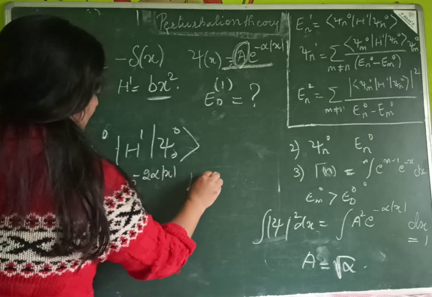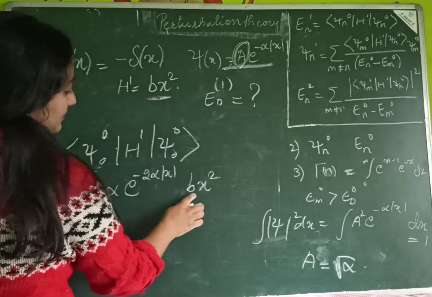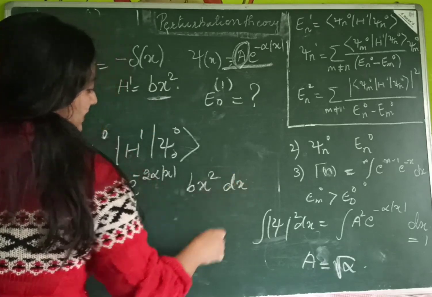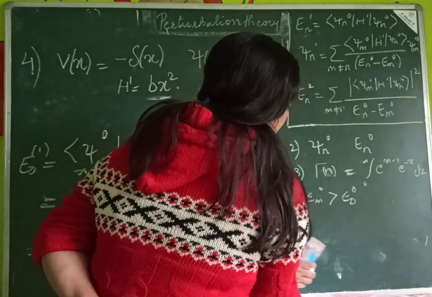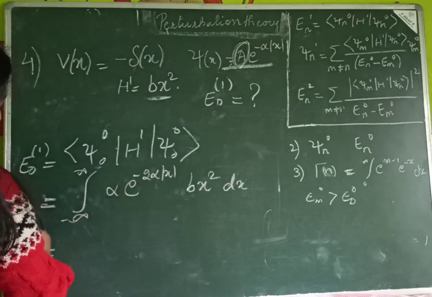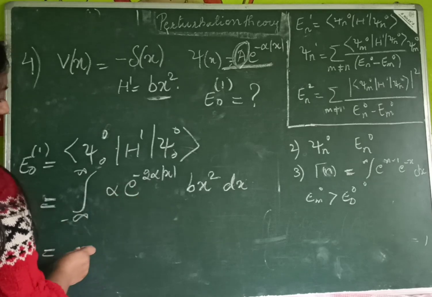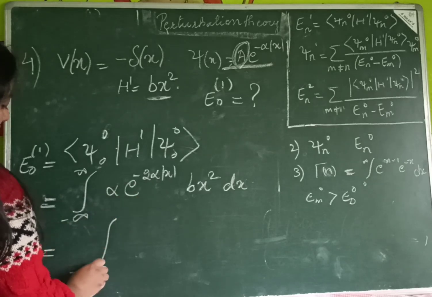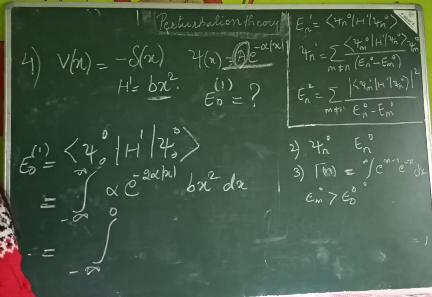and my potential, this perturbation bx square dx, right? So this again is a problem of simple integration. So what you need to do is, you run it from minus infinity to 0, right?